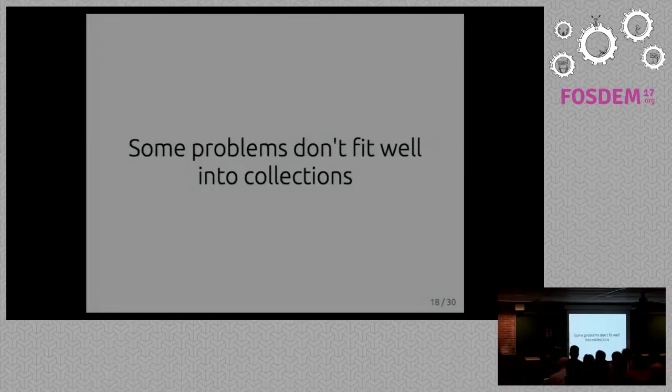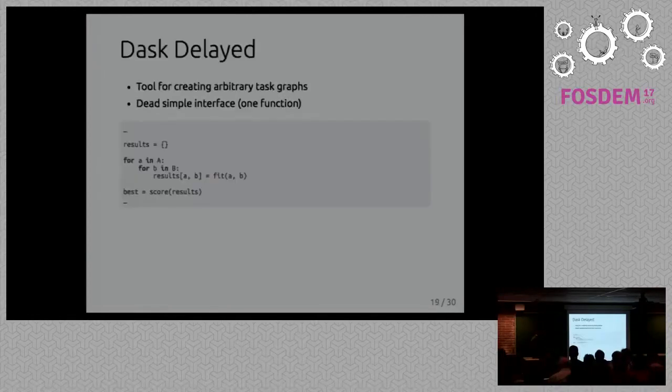Of course, those collections work nicely if the exact computation you want to do is an array or a data frame. That's not always the case. So it's also very flexible. You can create such task graphs yourself. It can be an arbitrary task graph, and it also provides some functionality to do that more easily.